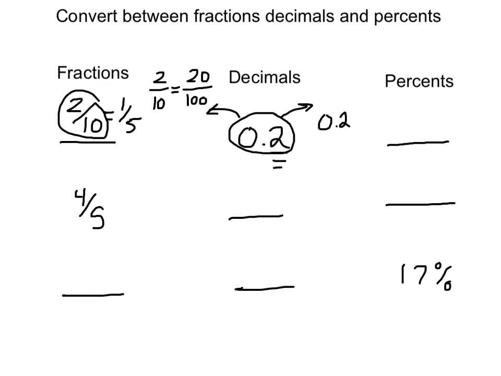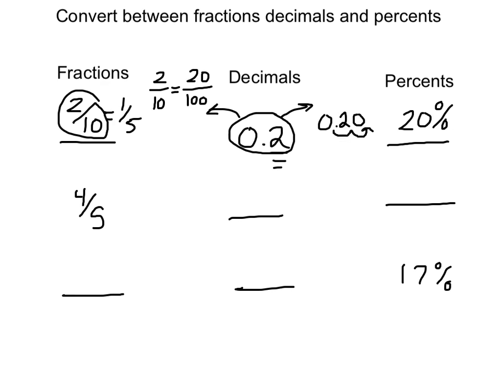But I can just do that to the decimal. If I multiply the decimal by 100, the decimal point is going to shift 2 places to the right. A 0 is what goes in the swoop, and I rewrite it as 20. Only it's not 20 whole, it's 20%, or 20/100ths.